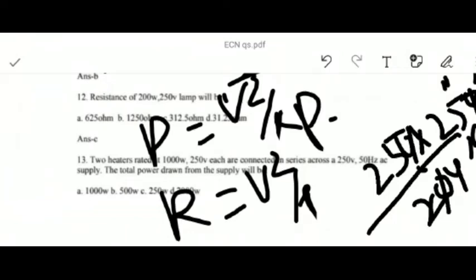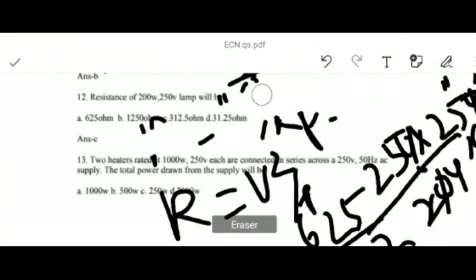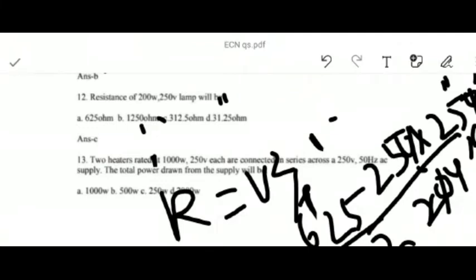It will become 5 into 5, 25, 625 by 2. When you divide this, we get 312.5, so option C will be the correct answer.